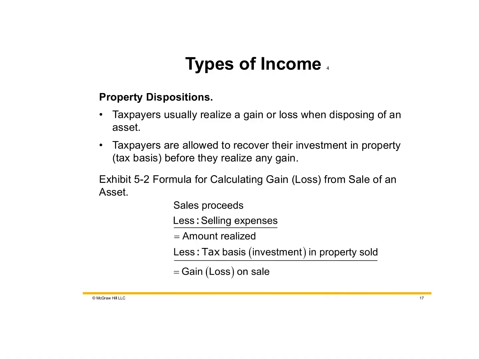Then from there, we take that amount realized and subtract the tax basis or the investment in the property sold. And then that difference becomes the gain or loss on the sale.